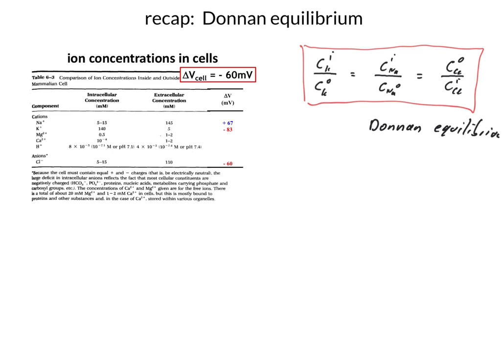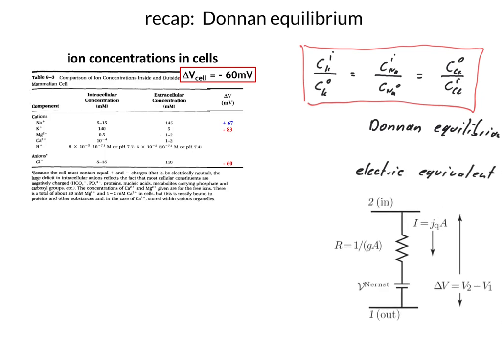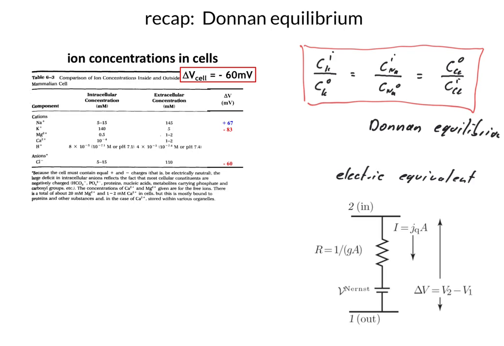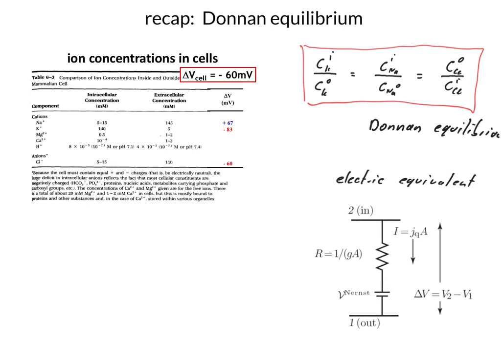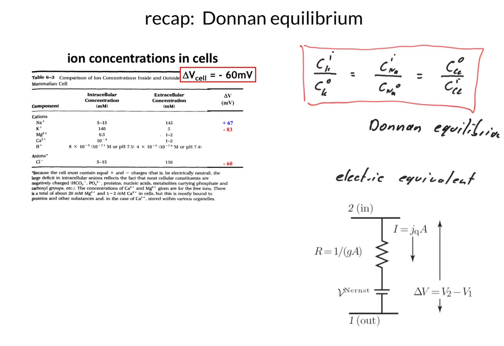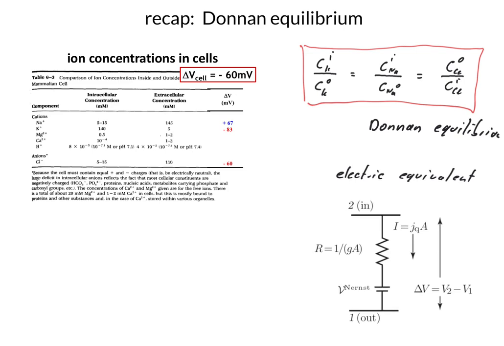Now, one way out, in order to further explain the situation, is that we actually look for a dynamic equilibrium, or a steady state, in which we also consider fluxes of ions and electrical fluxes through the membrane. For that, it was very handy to cook up an electrical equivalent circuit of the membrane as a series of a resistor and a voltage source.